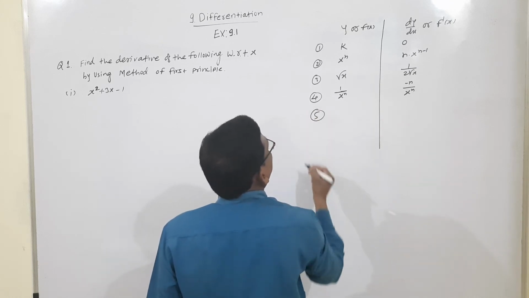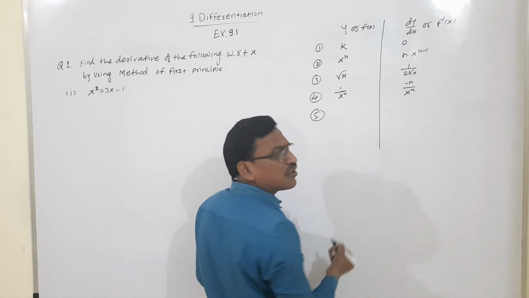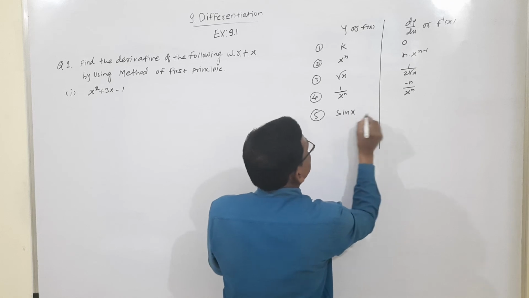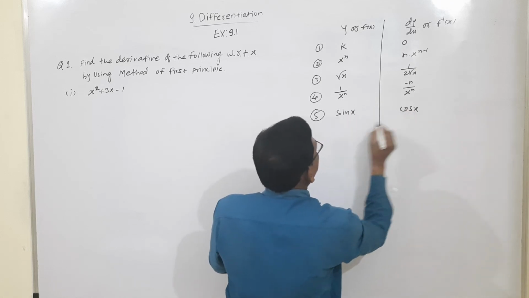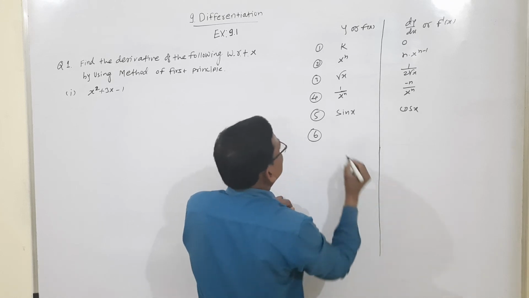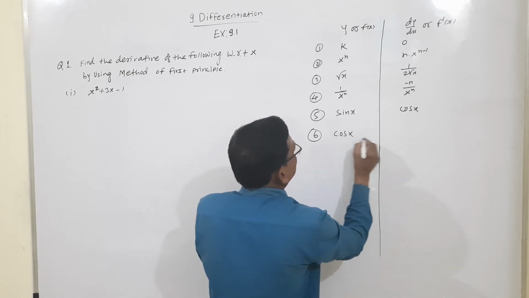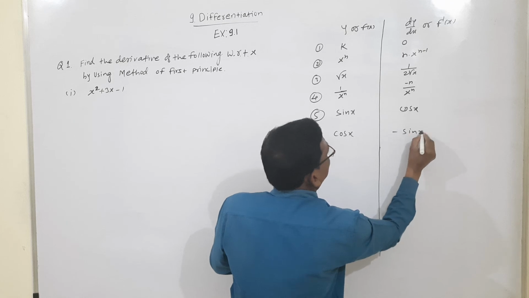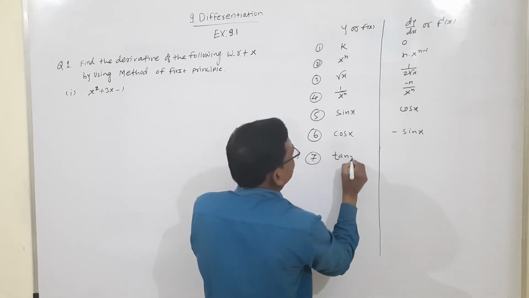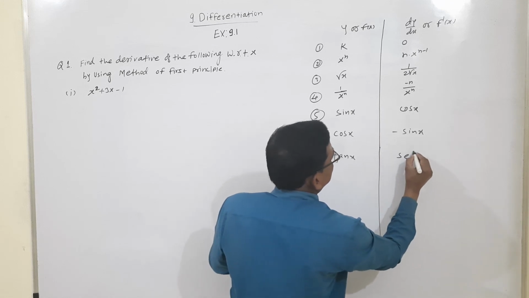Then we take trigonometric functions. First, the derivative of sin x is cos x. And sixth, the derivative of cos x is minus sin x. The derivative of tan x is sec square x.